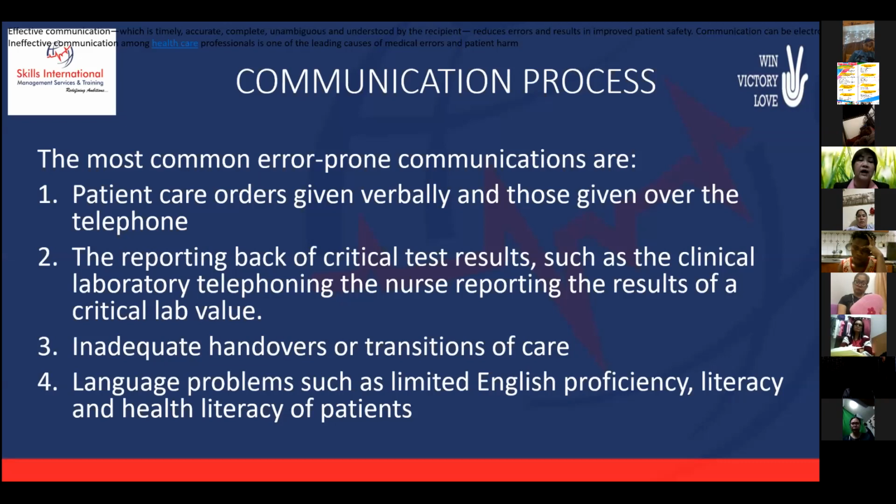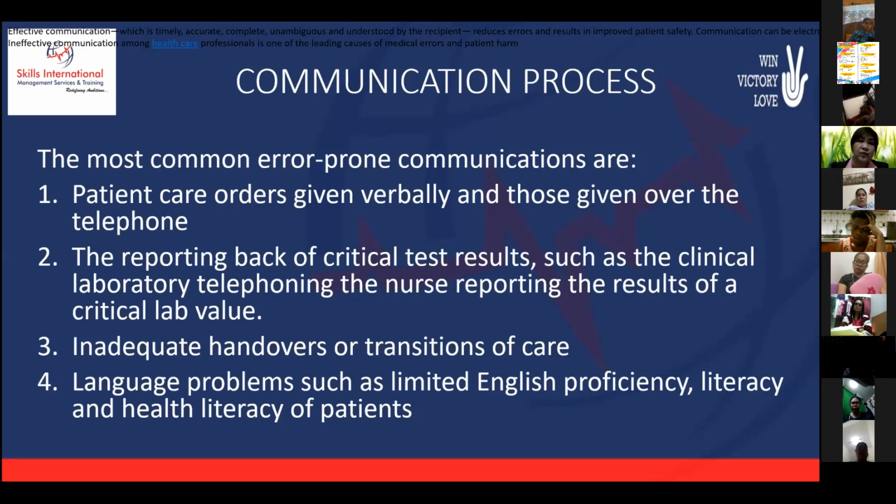So reporting back of critical test results, like the laboratory, when they call, they are passing you the message that these are the results of, for example, the hemoglobin of the patient, the red blood content of our blood. So the hemoglobin is too low. So when you receive the critical result, anything that is abnormal, anything that is below or higher than the normal, we call it critical.